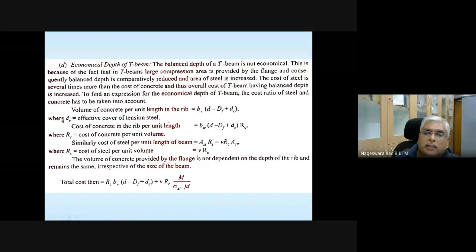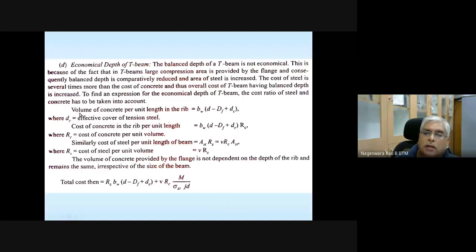So let's go through this workout. Please note that we don't have much control on the slab thickness, so we don't have much control on the flange portion. Whatever measures we want to take to reduce the cost of the overall section, we need to do only with the web region.